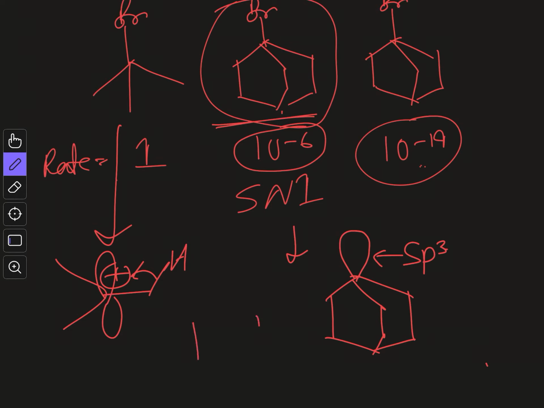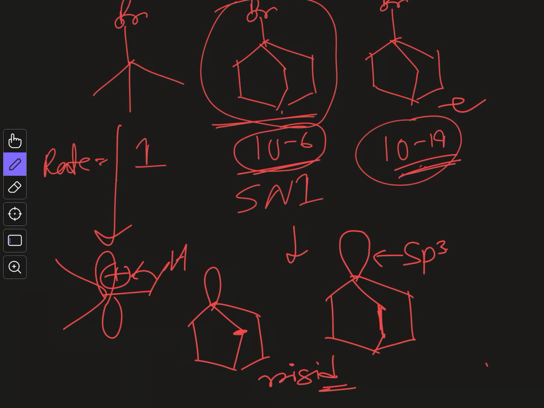And for the other one, this one, you can see this is even more rigid because only one carbon is there. In this case 2 carbons are there, so it is slightly flexible. So the carbocation has slightly more stability, so the rate is 10 to the power minus 6. But in this case only one carbon is there, and that's why it is very much rigid, and that's why it shows a 10 to the power minus 14 times slower reaction.